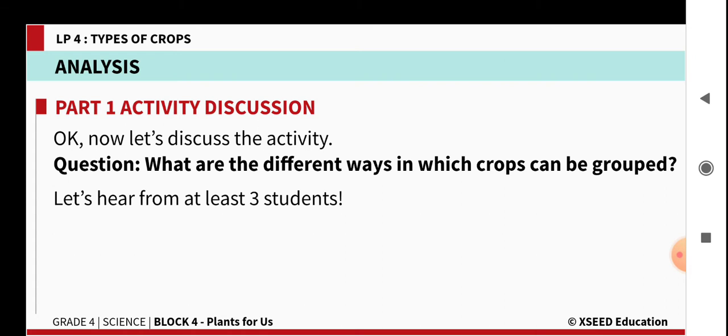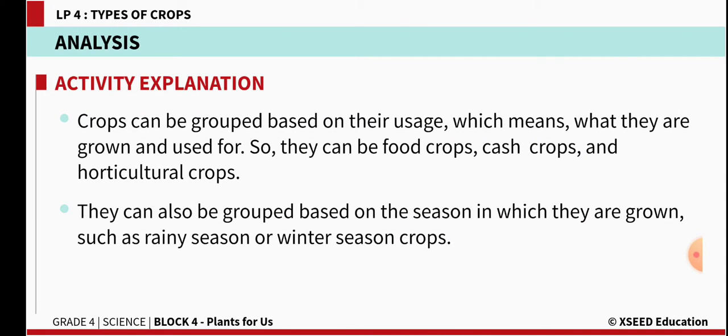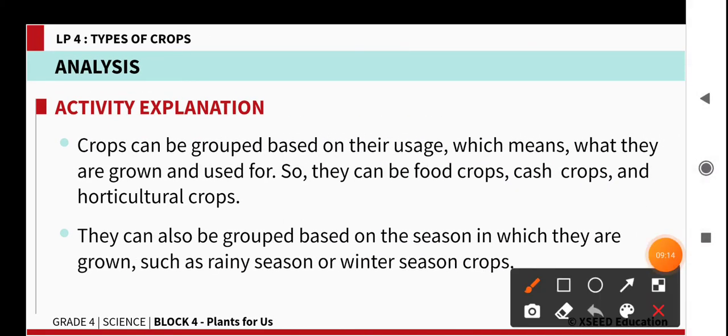Understood? Now we will see crops grouped based on the usage. Just now I told you they are also grouped by the seasons when they are growing. Depending on the usage, they are of three types. One is cash crops.